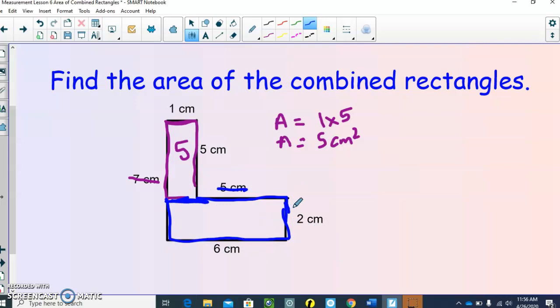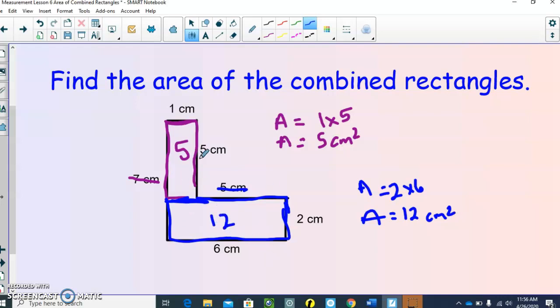I'm going to use the 2 and the 6. So this length is 2 and the width is 6 on this rectangle. So 2 times 6, and we're using centimeters, so the area of this rectangle is 12 square centimeters. I'm going to put a big 12 inside this one.